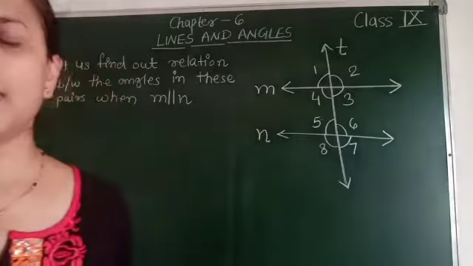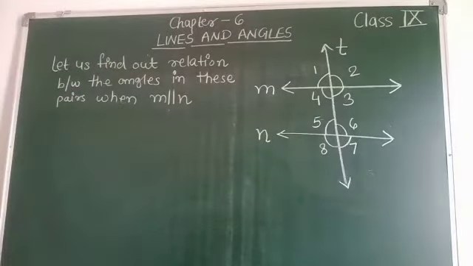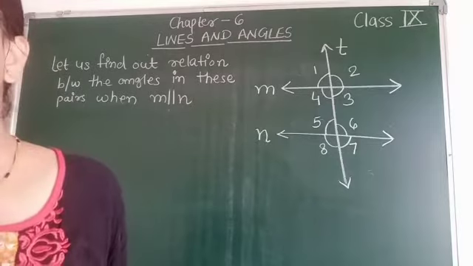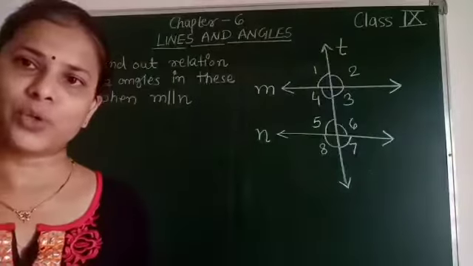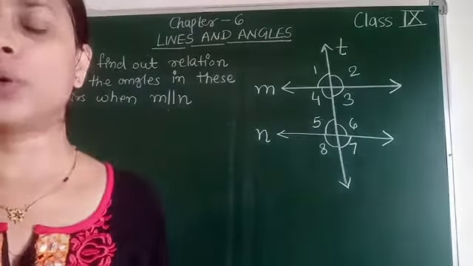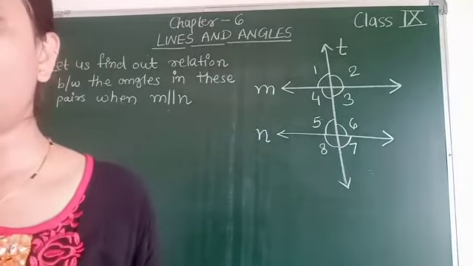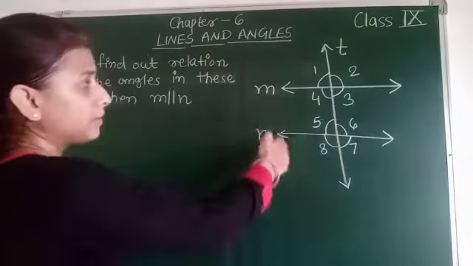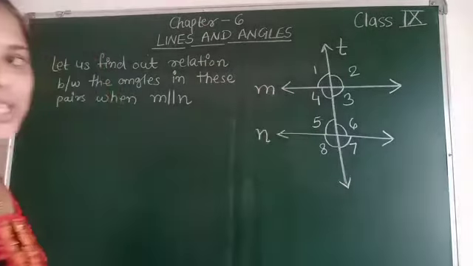Now, student, repeat that activity once again for alternate interior angles. Once again draw two parallel lines in your notebook, because two ruled lines in your notebook are parallel to each other, and draw a transversal to intersect these two lines according to this diagram.